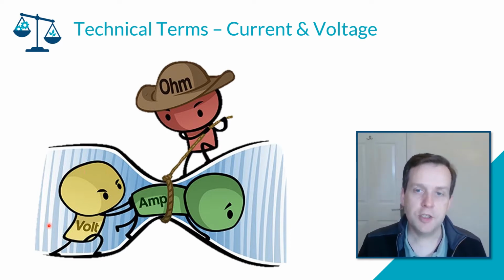So our voltage is effectively, as described here, the pushing energy or the level of force that could be applied to those electrons in order to get them going. So the bigger the voltage, the more current you get. And ohm is the resistance.